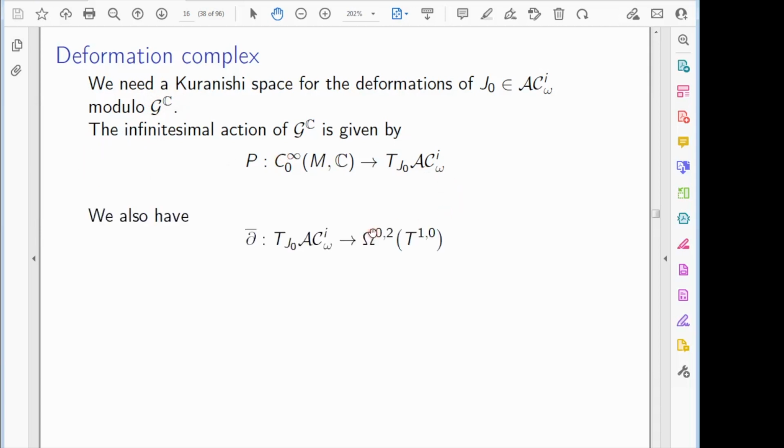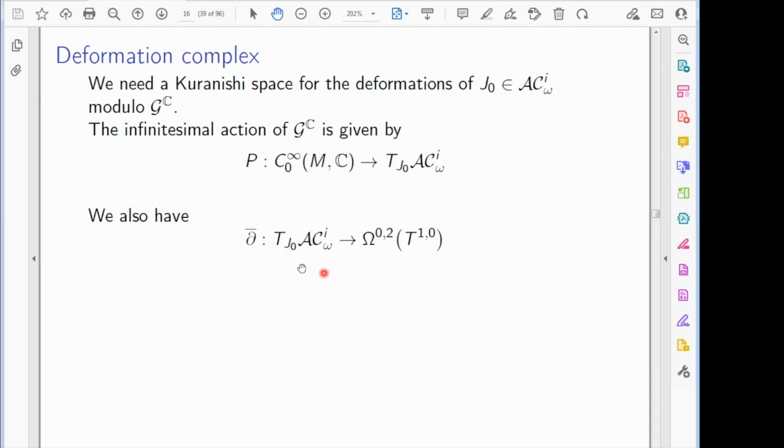But we have the infinitesimal action, and the infinitesimal action will go from the Lie algebra to the tangent space.